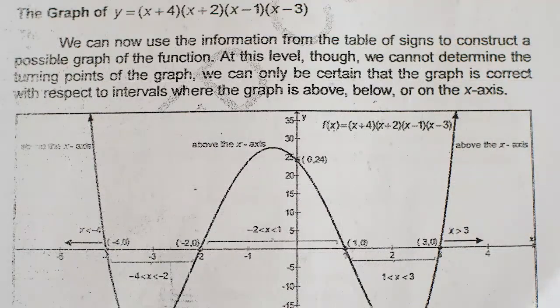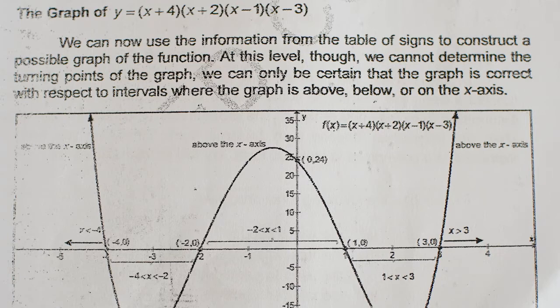Then we can now use the information from the table of signs to construct a possible graph of the function. At this level, we cannot determine the turning points of the graph.